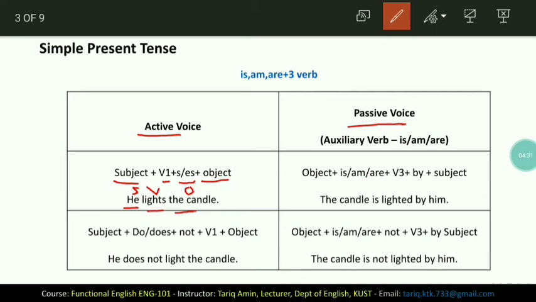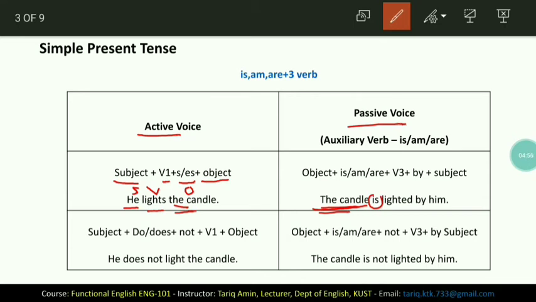The candle is object, and we have changed it into the subject. The third step was to put the appropriate auxiliary verb or helping verb. We put is, because the candle is singular, so we need to put is.